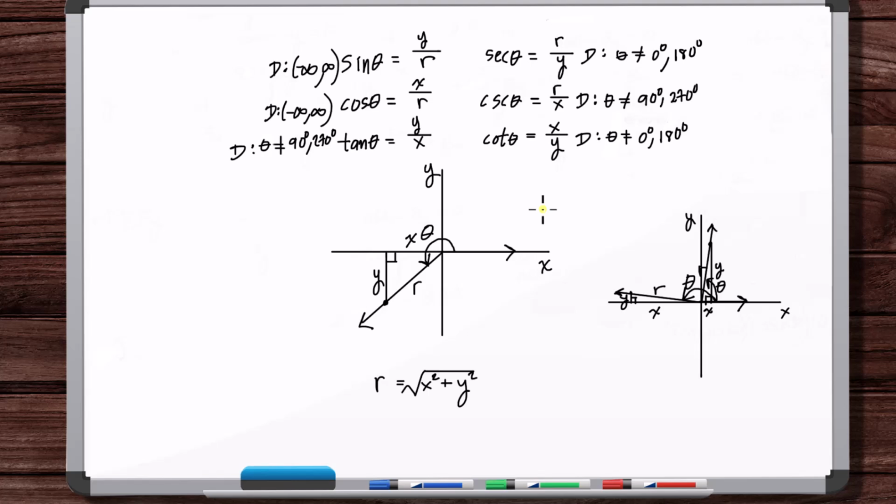So the y over the r is always the leg of a right triangle divided by the hypotenuse. Then no matter what r you pick, how large you make the r, y is never going to be greater than r, ever. At most, it will be equal to r. So what that tells us is that when it comes to the range, sine will never be greater than 1.